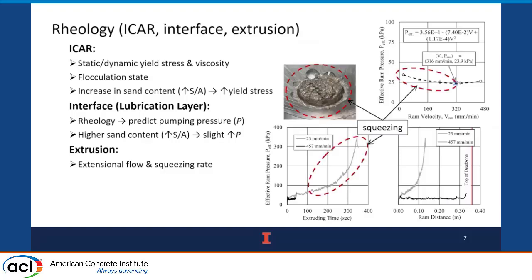At low rates, you'll get pretty extreme squeezing, and you'll see an increase in your extruding pressure. For us, just like with the yield stress, more sand meant more extrusion pressure. When you have more extrusion pressure, you're going to get more squeezing on your concrete, more bleeding.